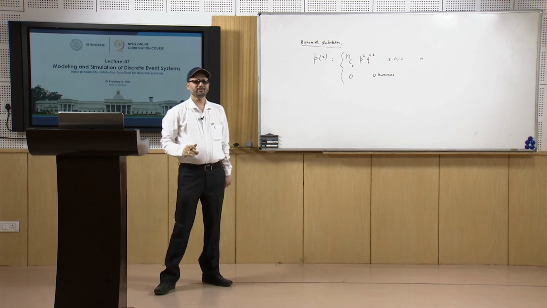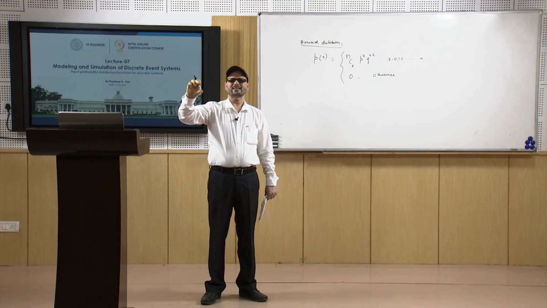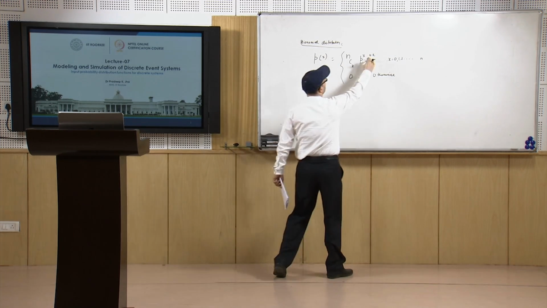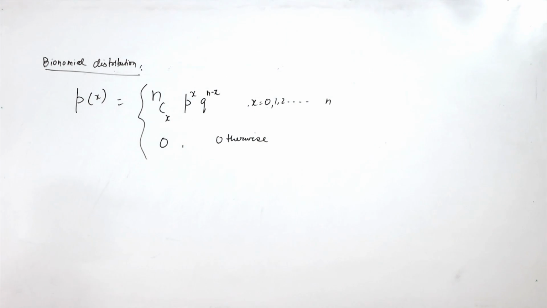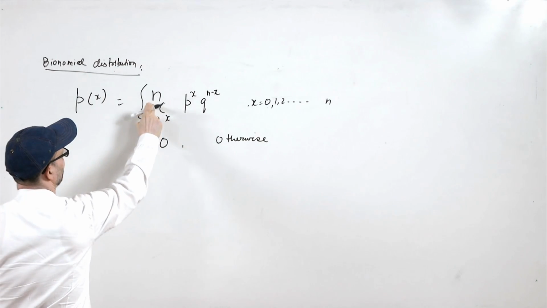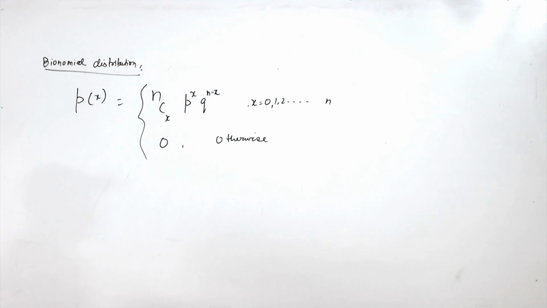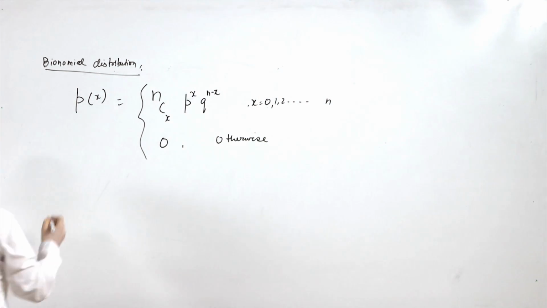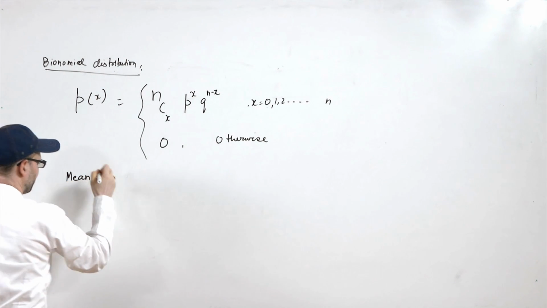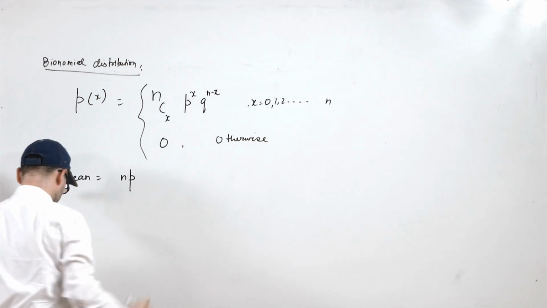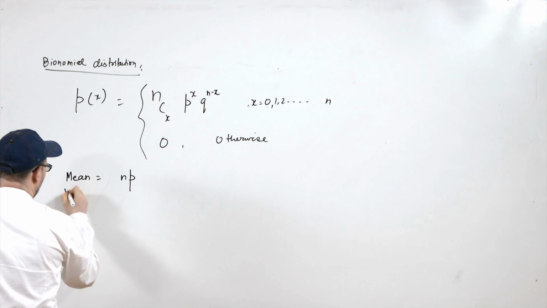It means if you have n trials and x successes, then you will have n minus x failures, and that is why the probability is calculated as nCx p raised to the power x, for success, and q raised to the power n minus x, for failure. The mean, as you know, will be n into p, and the variance again will be n into p q.